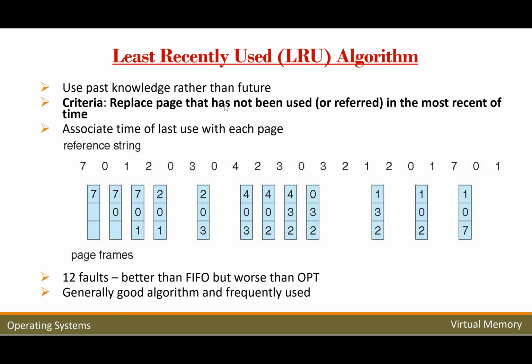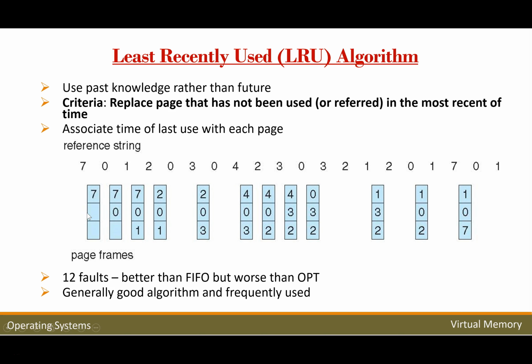So based on the future references we used to remove the existing page in order to load the new page, right? But in this algorithm we're going to look into the past instead of future. So that makes this algorithm very useful for practical implementation, because past references are available with any process, right? So it is very much possible to implement this algorithm.